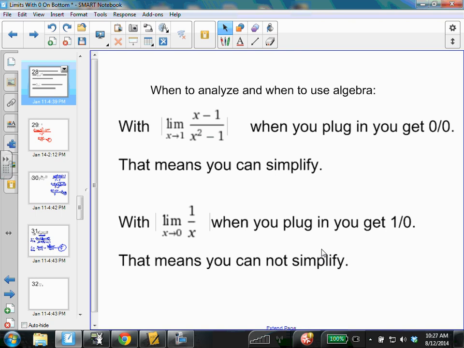If I plug it in, I would have a really small positive, and 1 divided by a really small positive would give me a positive infinity. And so you would think, oh, well, negative infinity on one side and a positive infinity on the other.